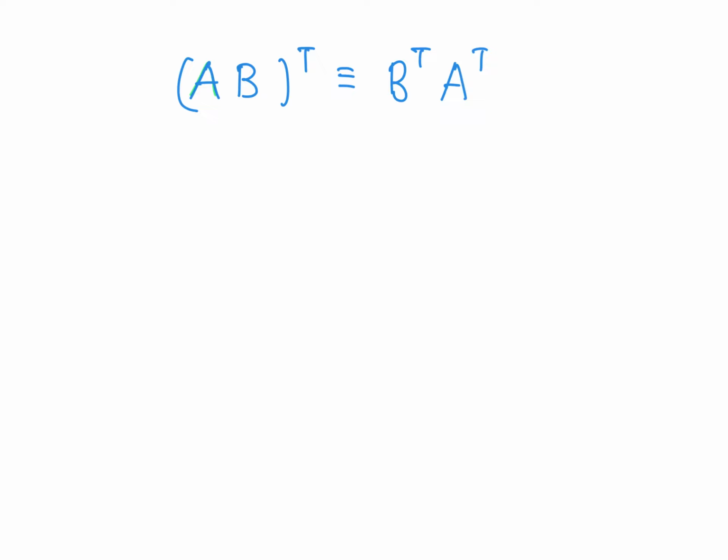If we multiply A times B and take a transpose, it's the same as the transpose of B times the transpose of A. The ij component of AB is the sum of A_ik B_kj.